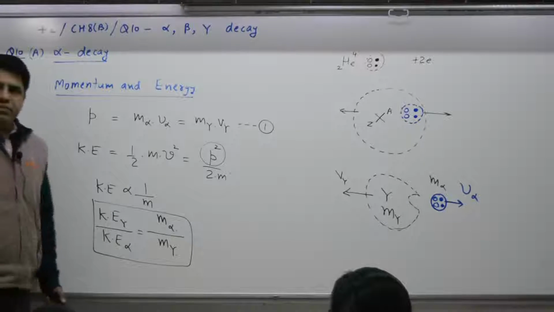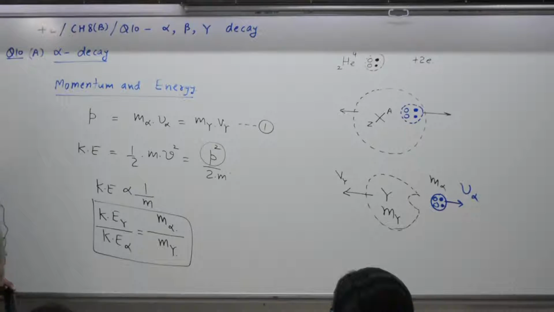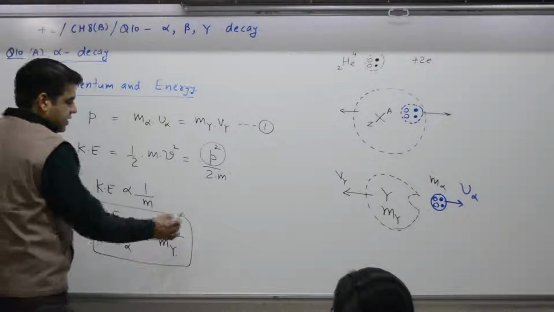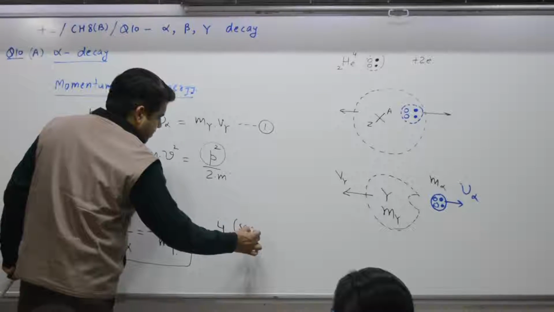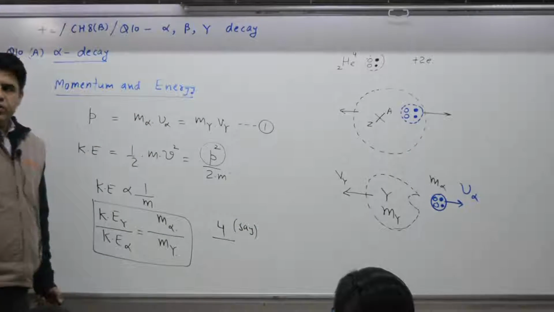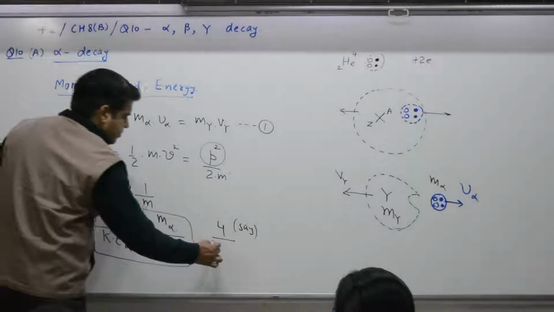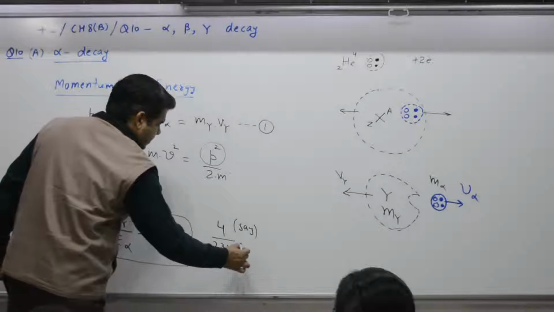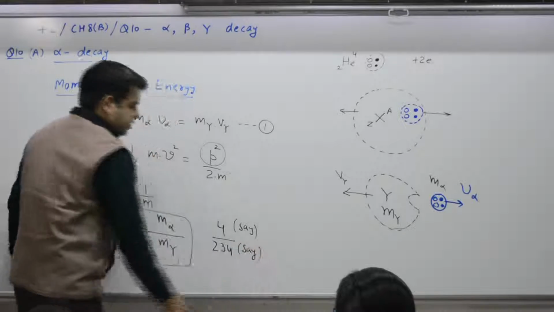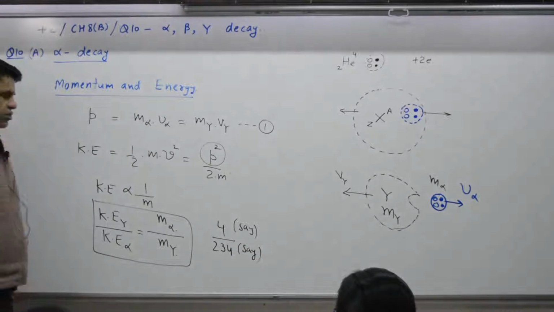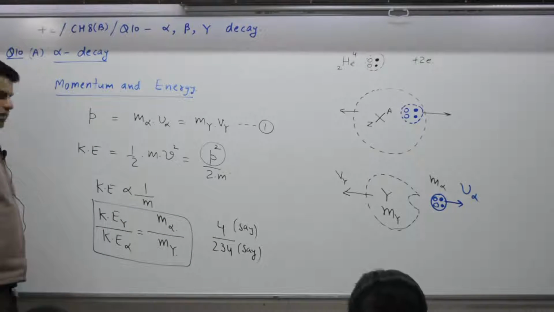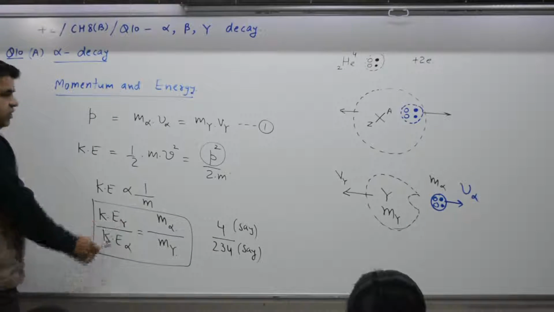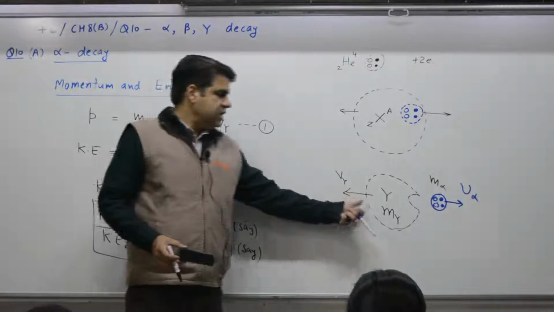As an example from the previous question, the mass of the alpha particle is 4 units, and the daughter nucleus was thorium 234. In the given example, this was 234. So the ratio is 4 is to 234.